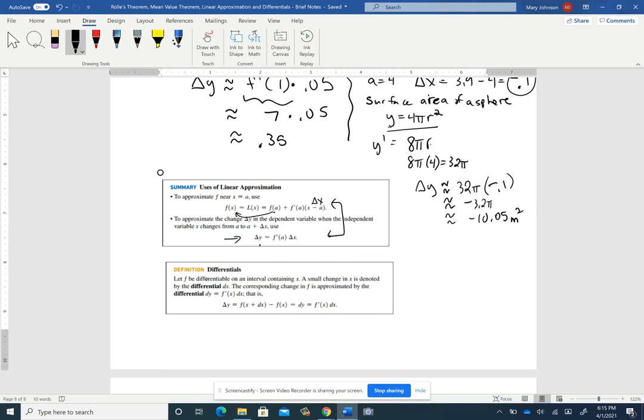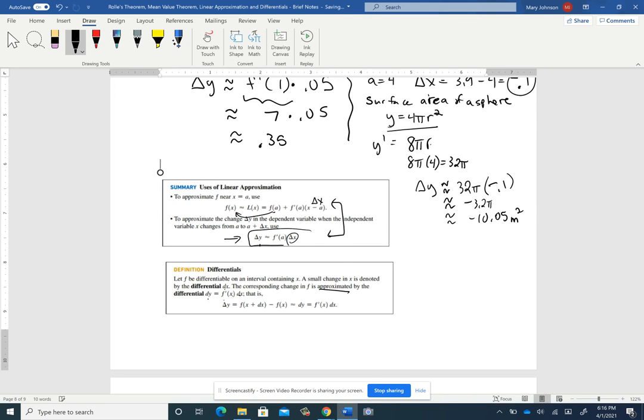So let's read this to start with. f has to be differentiable on an interval containing x, and a small change in x is denoted by the differential dx. It's pretty much delta x in a way. The difference is whether you're on the actual function or on the linear approximation. The corresponding change in f is approximated by the differential dy equals f prime of x dx.